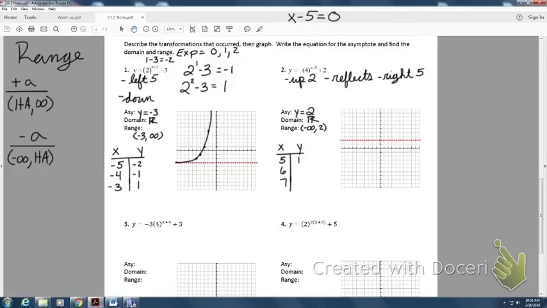Then if I put 6 in, that gives me -4 to the first plus 2. And so that's going to give me what? -2. I plug 7 in, which is going to give me -14. Which I cannot graph.